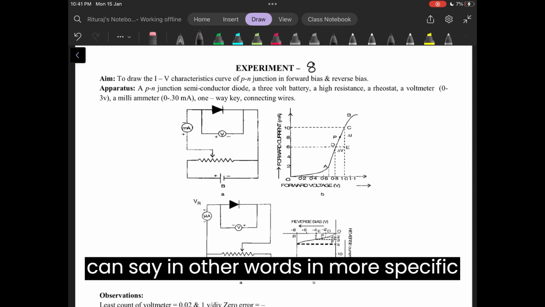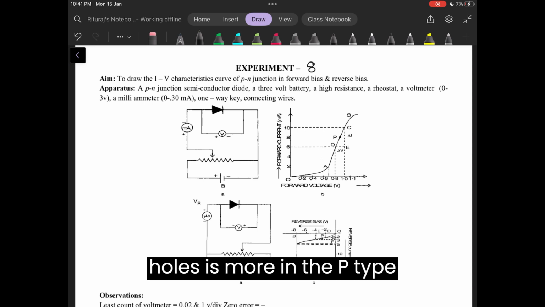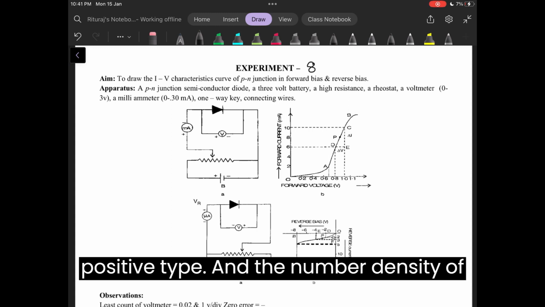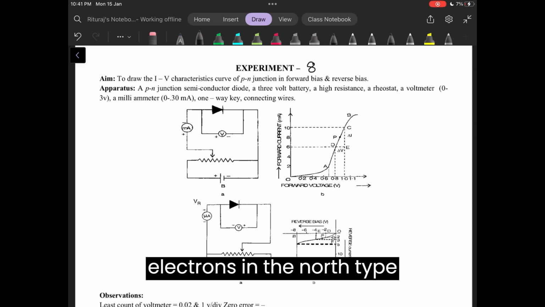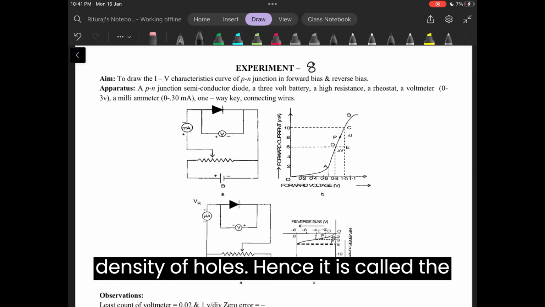Or in other words, in more specific terms, the number density of holes is more in the p-type semiconductor, hence it is called the positive type, and the number density of electrons in the n-type semiconductor is more than the number density of holes, hence it is called the negative type.